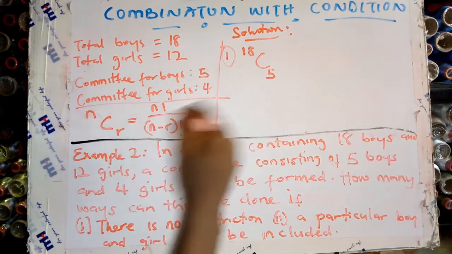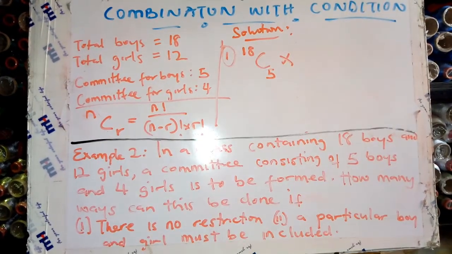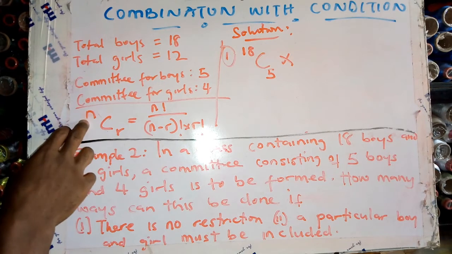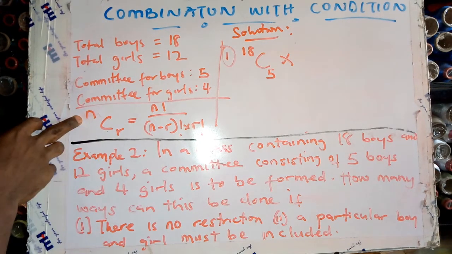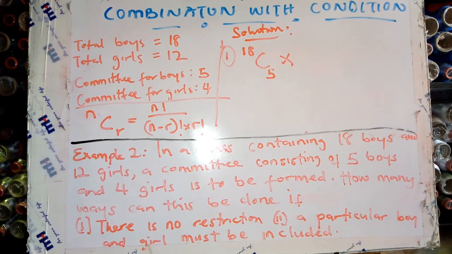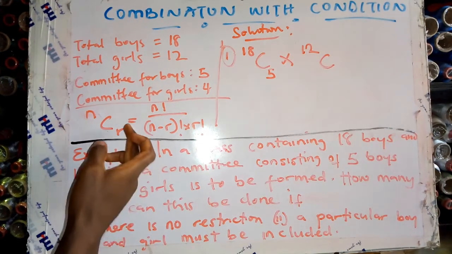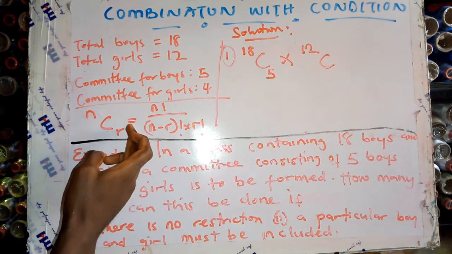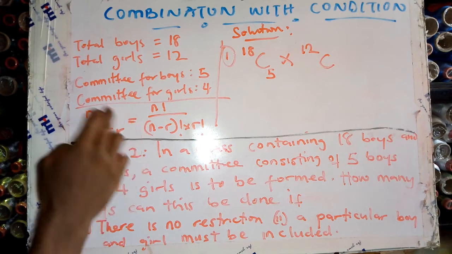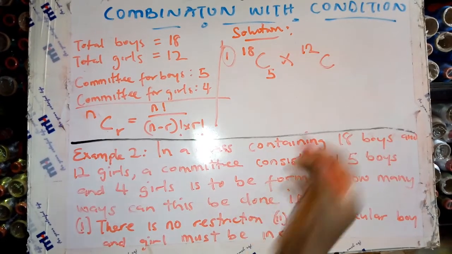So that is the side for the boys, then times. Now let's look at the girls. Our n for the girls, the total number of objects in the set, that is the total number of girls, is 12. So that will be 12 combination, then our r, the total number of girls to be chosen, is 4.